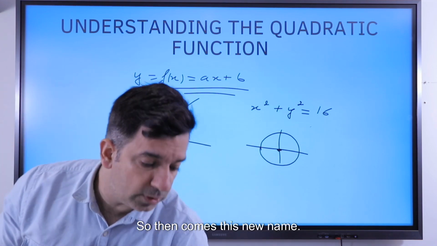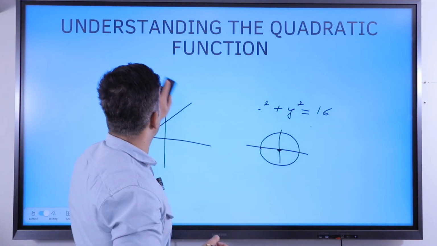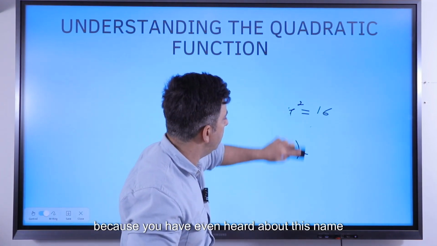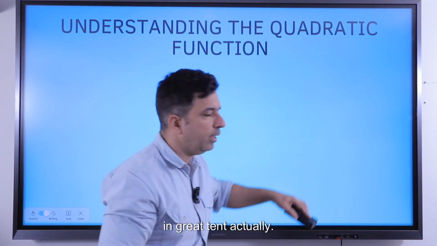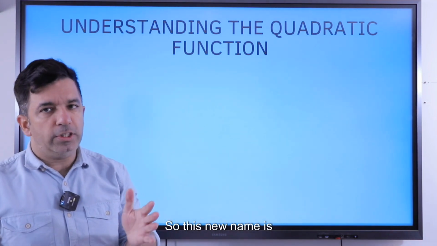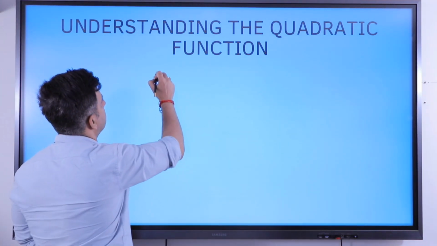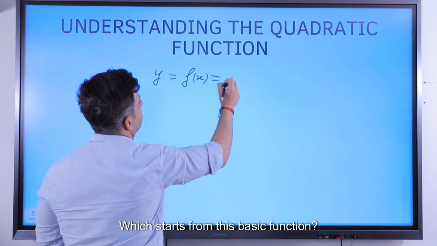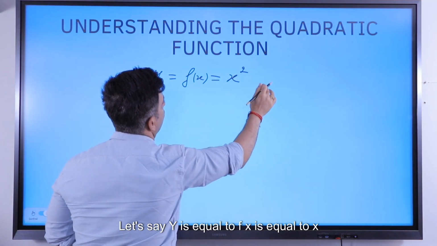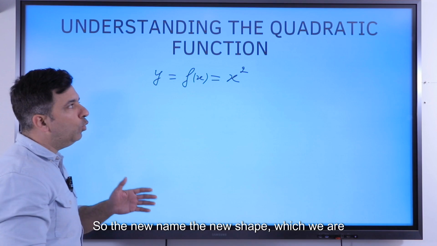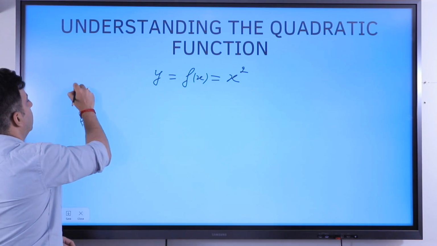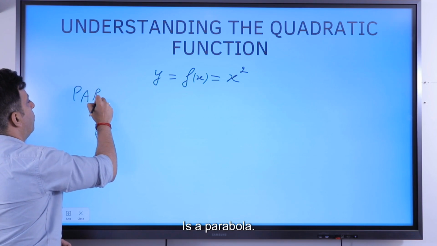Then comes this new name, which is not exactly new to you because you have even heard about this name in grade 10. It starts from this basic function, y = f(x) = x square. The new shape which we are going to discuss right now is a parabola.